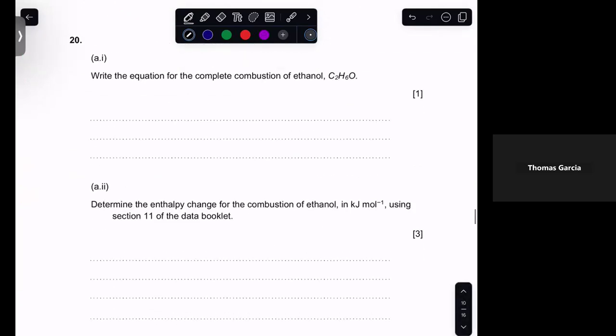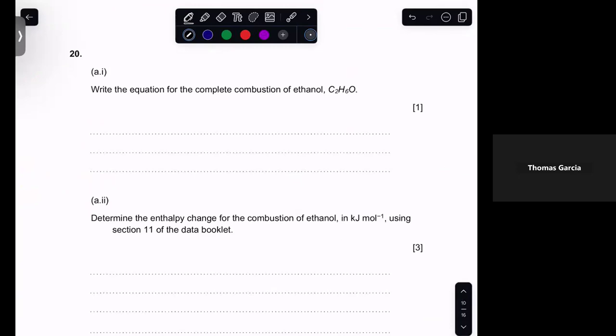All right. Number 20. Write the equation for the complete combustion of ethanol. Ethanol, or ethyl alcohol, is C2H6O. Complete combustion means we react with oxygen to produce CO2 plus H2O.